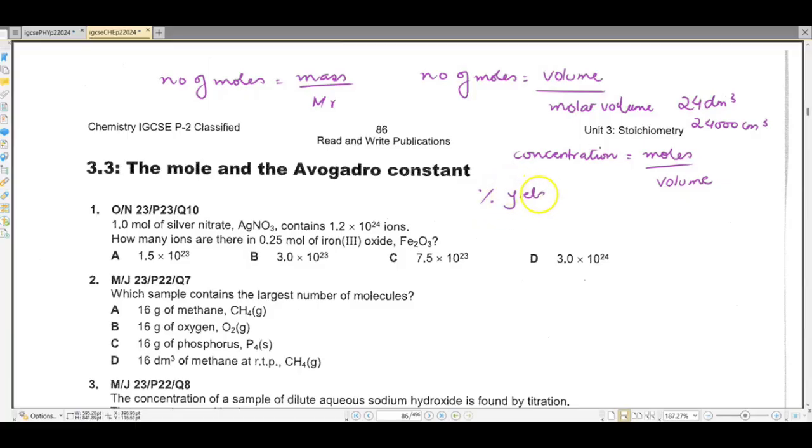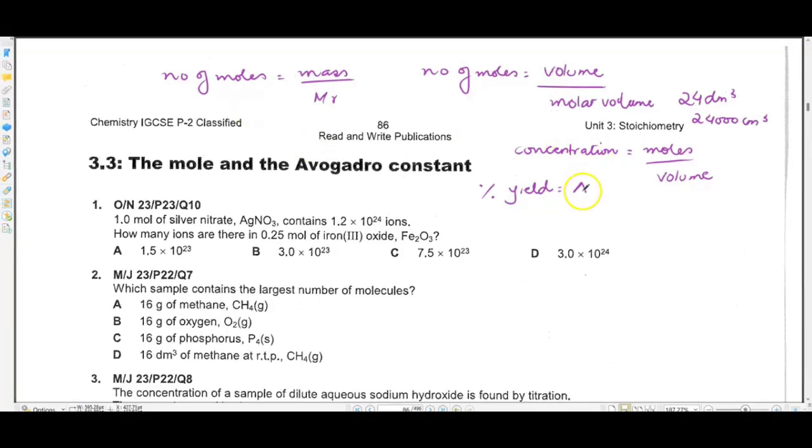To find the percentage yield, you have actual yield by theoretical yield, and since it's a percentage, it requires multiplication with 100. So these four formulas you should know, and you should know when to take out which formula out of your bag to solve the questions.